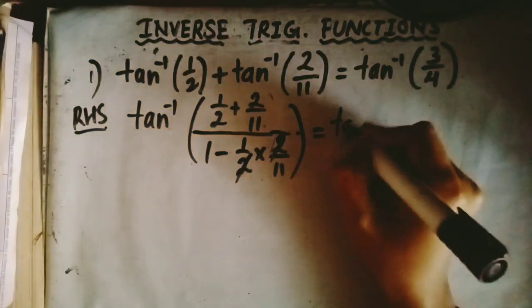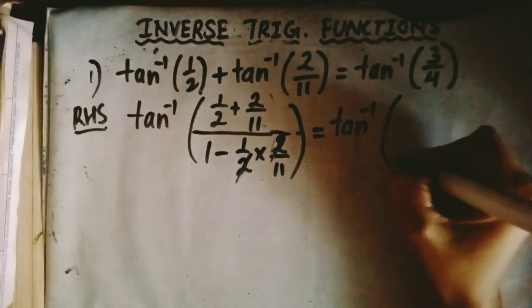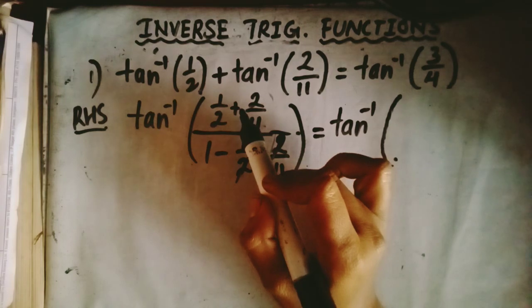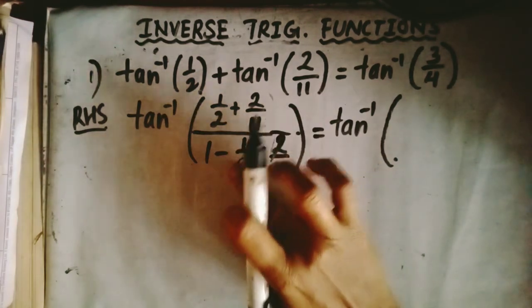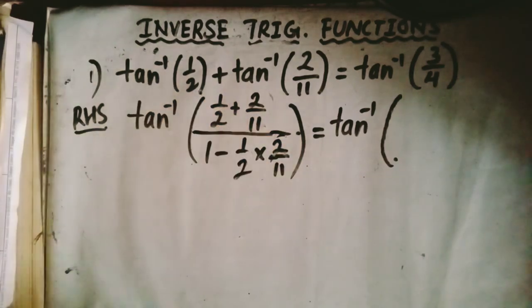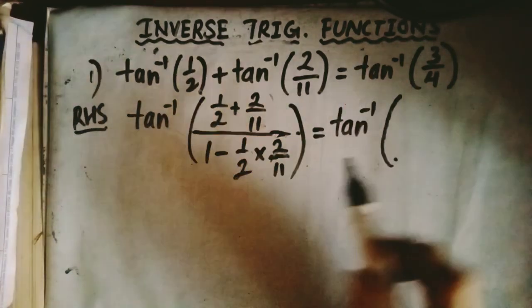So this is tan inverse. Cross multiplying, or you can take this as it is, so that it will be easy for the denominators to get cancelled.